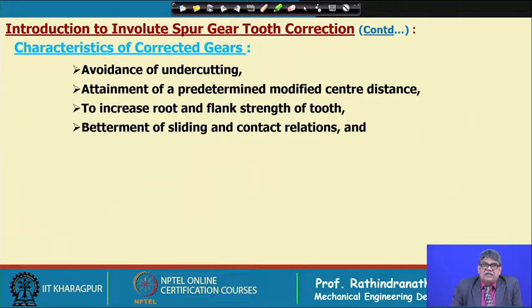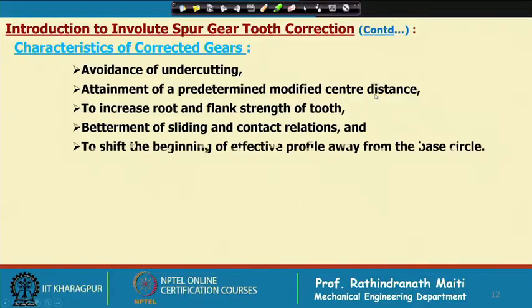betterment of sliding and contact relations, because if we go for the positive corrections, in that case the contact will be at a higher position, and if we consider the cylindrical part of the profile, it will have a higher radius of curvature. So, definitely this will be better.